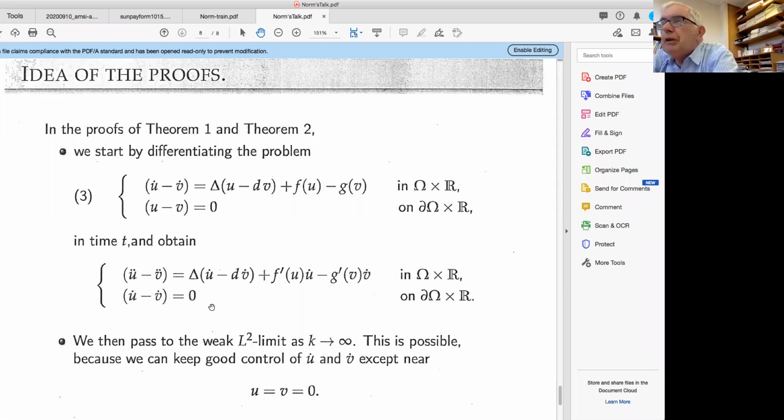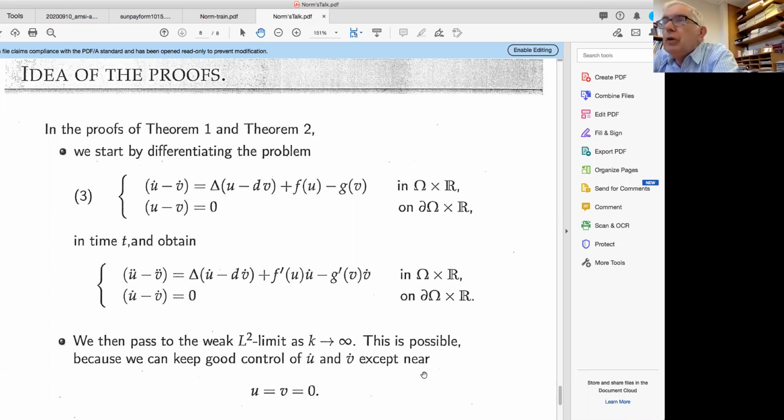But then if we do that, we see that all the terms only involve u dots and no space derivatives. So we've got a chance of passing to the limit, particularly since we've got quite good estimates for u dot and v dot. And we can actually show that u dot and v dot converge away from the bad set.